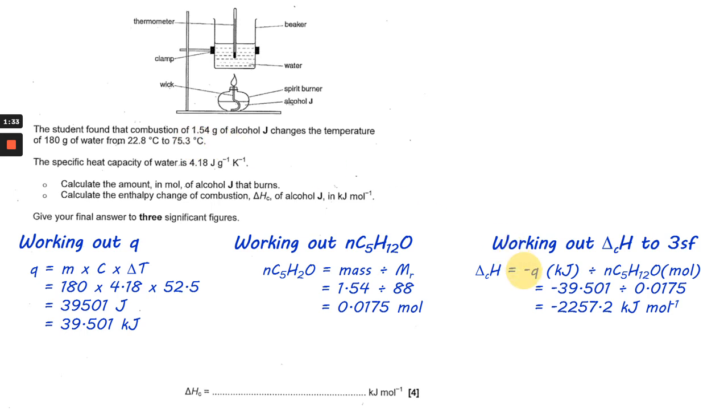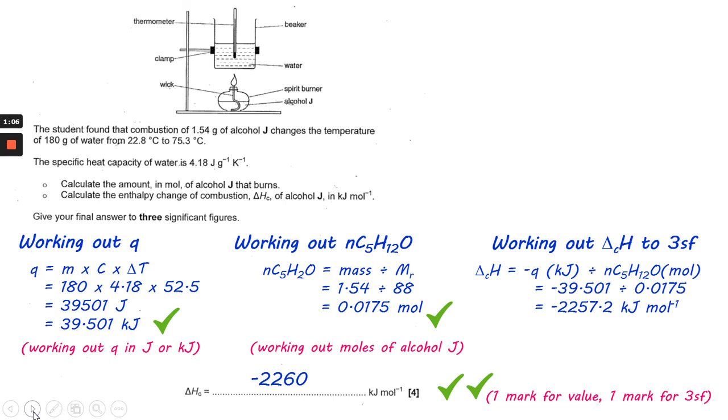So that means you put a minus sign in front of the Q. Now, it's to 3 significant figures, and the calculator gives us minus 2257.2. So you're going to convert that to 3 sig figs by doing minus 2260. So you get credit for the first value for Q, you get credit for the number of moles, and the final 2 marks come from the minus 2260.